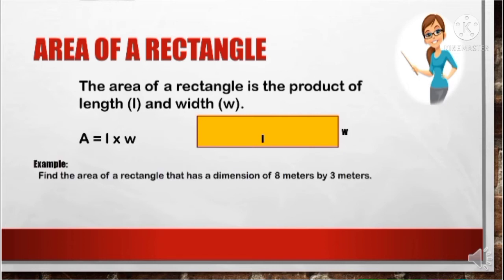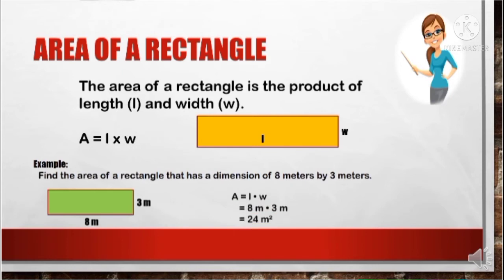For example, find the area of a rectangle that has a dimension of 8 meters by 3 meters. Here is the figure: 8 meters for the length and 3 meters for the width.